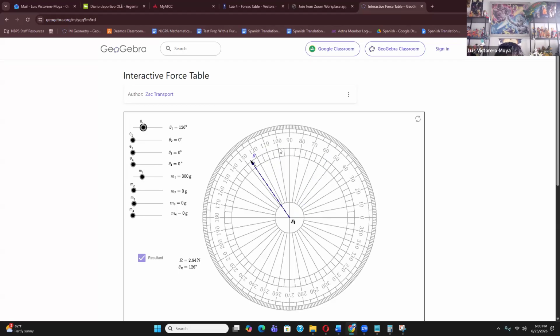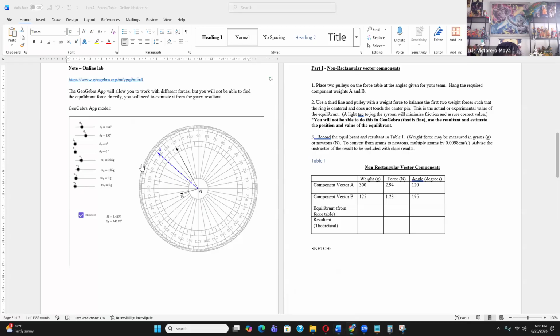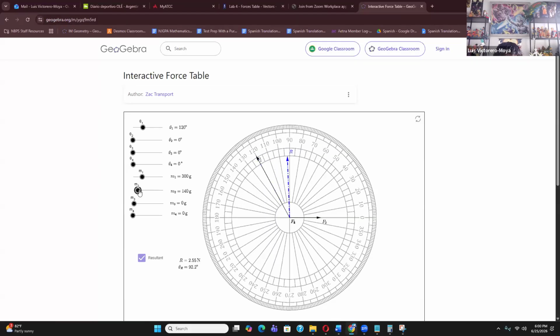You can always use the arrows to adjust the value there, 120 degrees. And then 125 grams at 195 degrees, here.